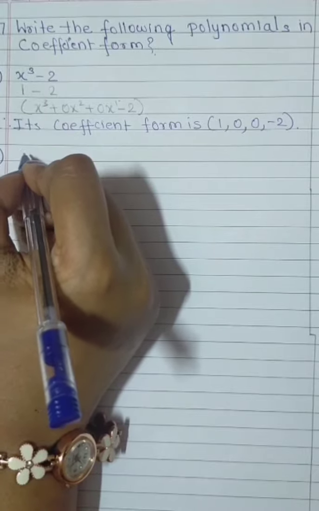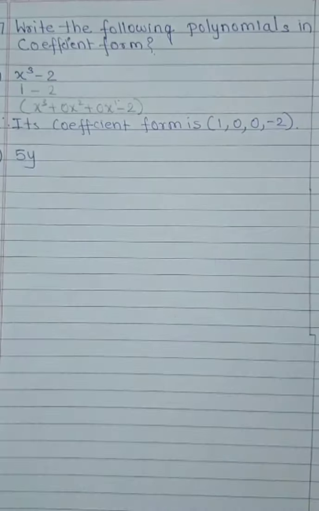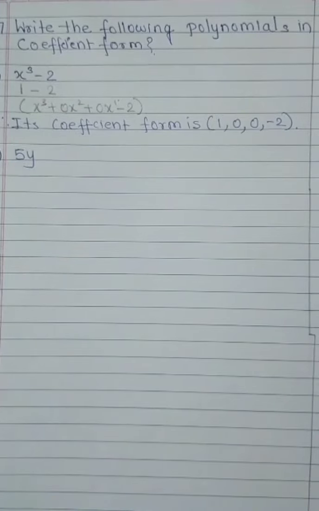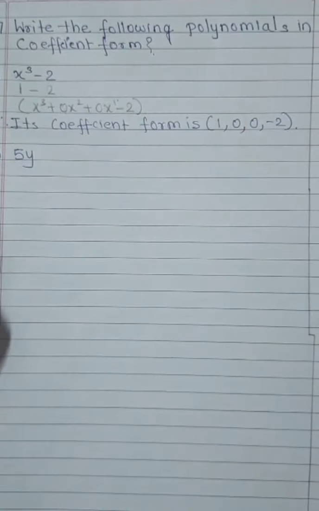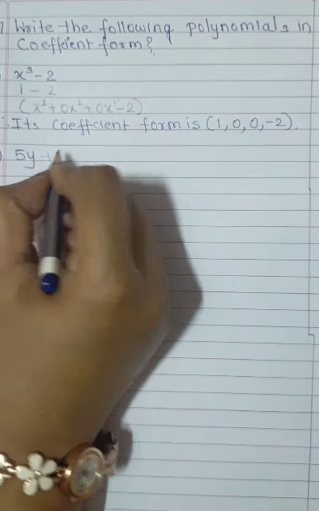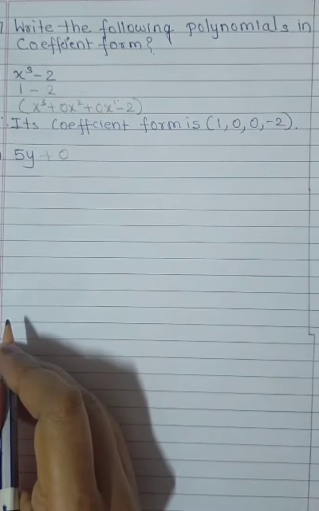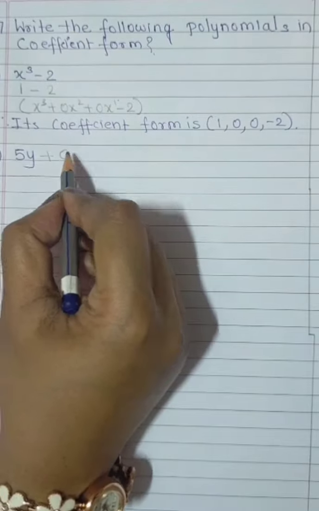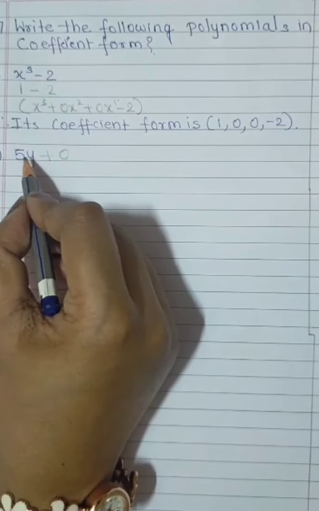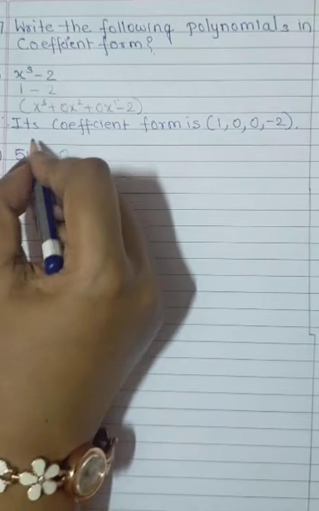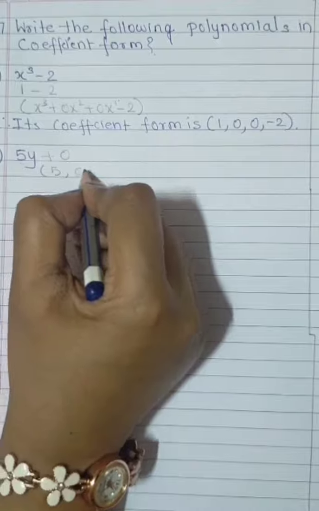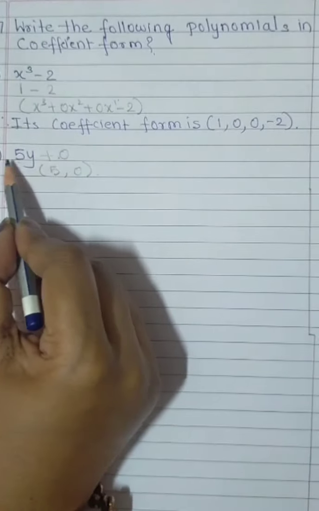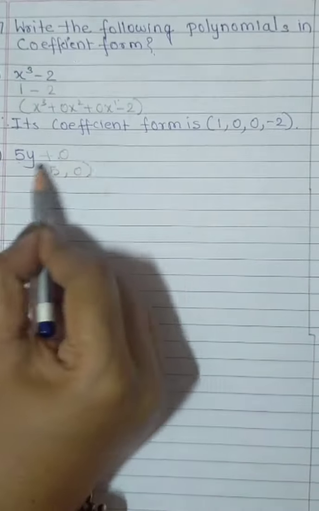Next question is 5y, it's a monomial, only one term is given. Nothing else is given, so we will consider plus 0, and 0 is the coefficient. And here 5y, so 5 and 0, and 0 means it's the end of that order.